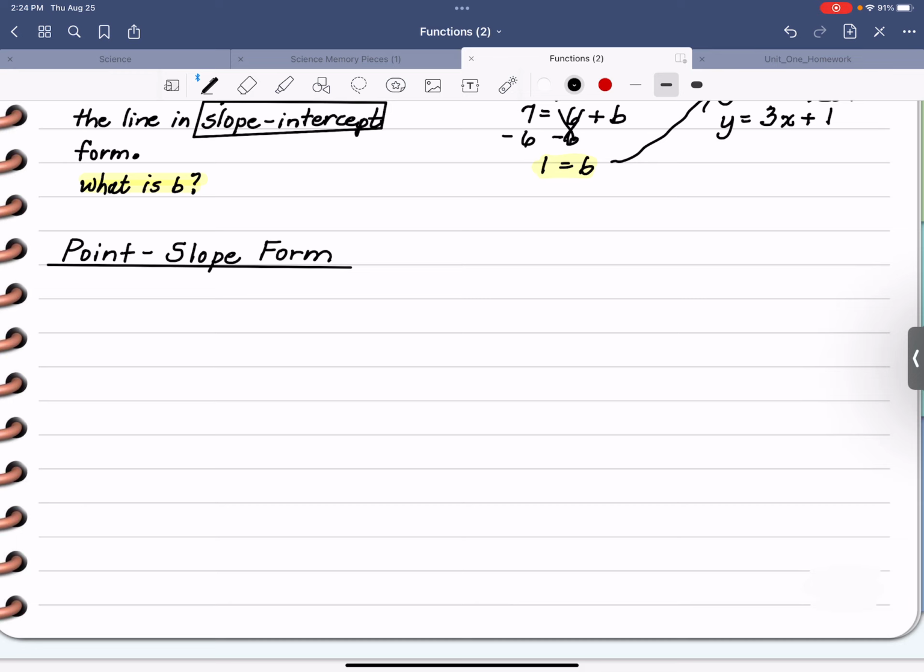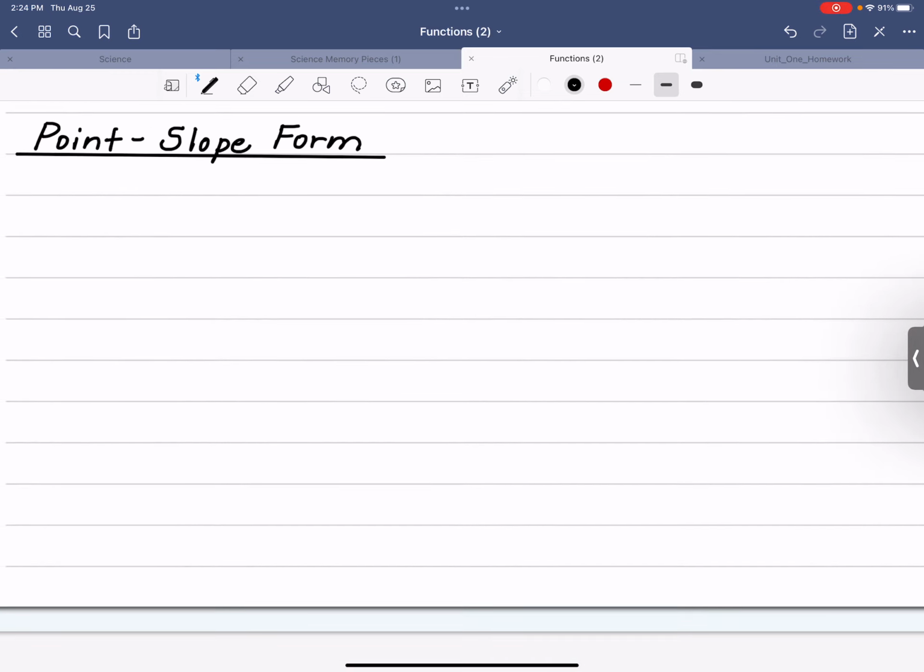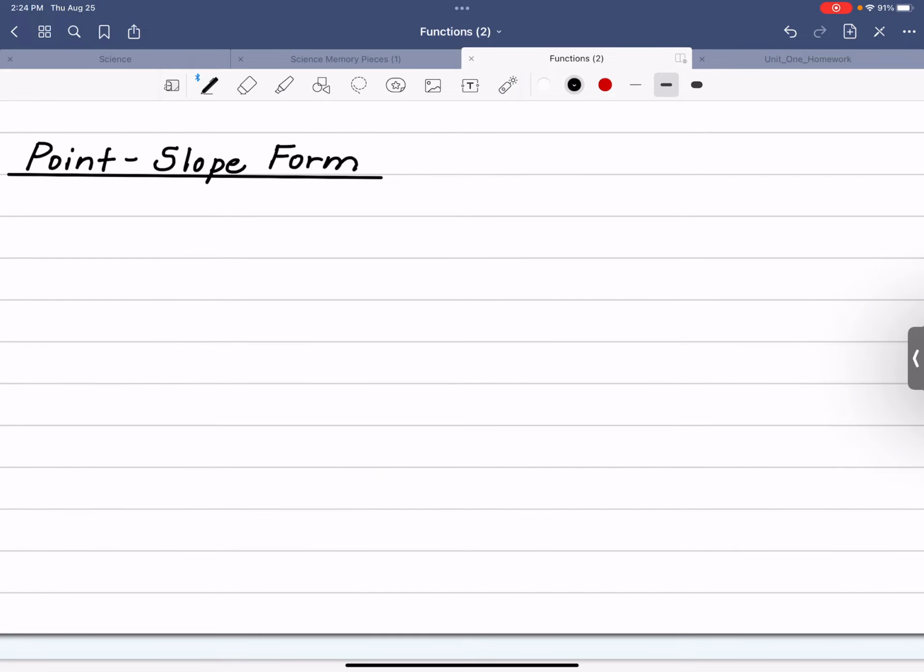This one looks pretty bad, but I promise you it's okay. In algebra, things look really horrible until you understand them, and then they're not so horrible. At least I don't think so. Some people still say they are, but there's the basic pattern of point slope form.